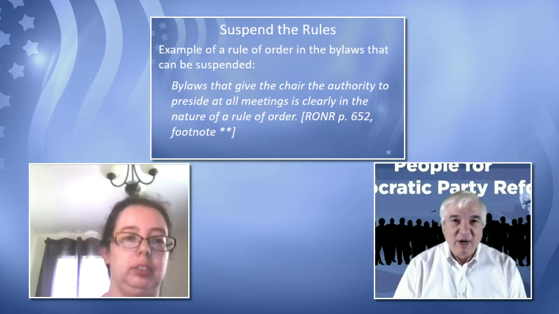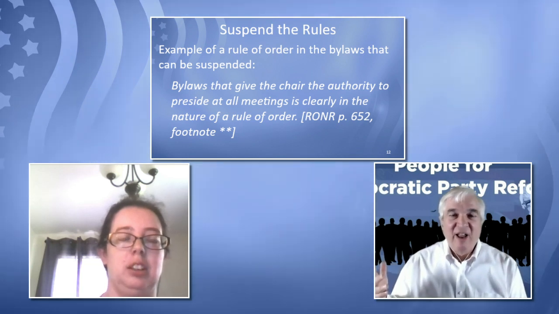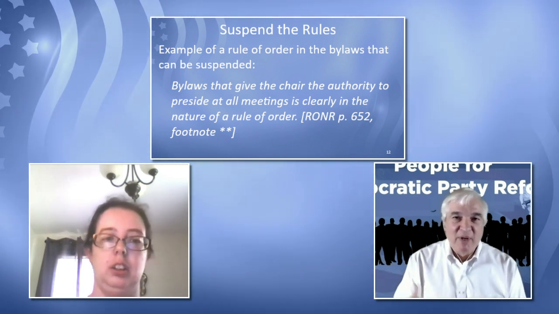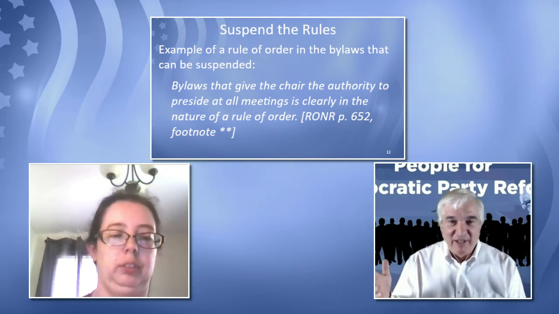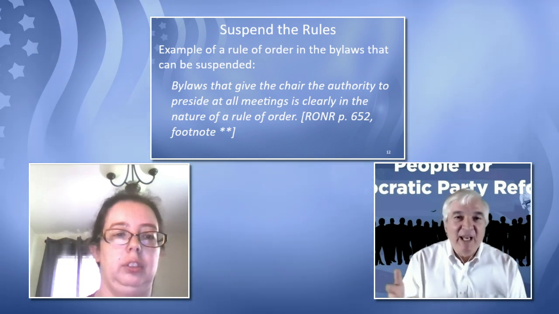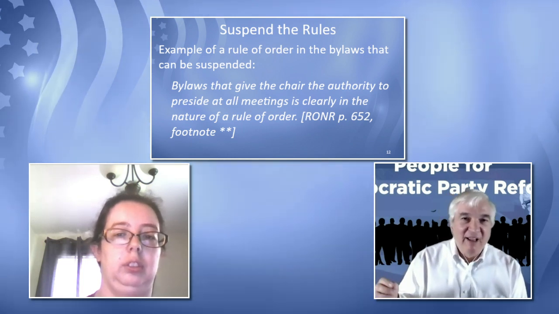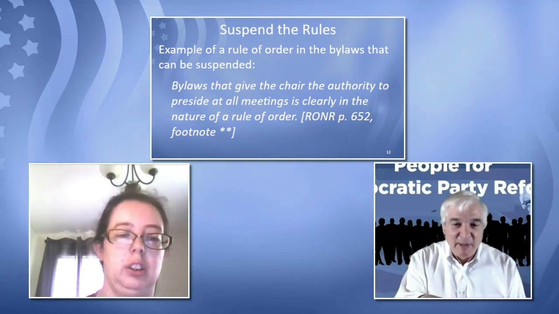So an interesting one I came across, because sometimes you have chairs that insist that they, by virtue of the bylaws, are the only ones that can preside at meetings, and they also think that because they're the presiding officer, they're the king or queen or the empress of the meeting, when in fact, really their role is to carry out the will of the people.